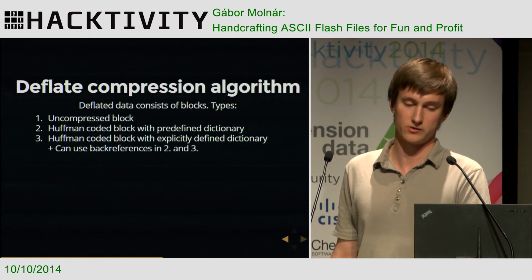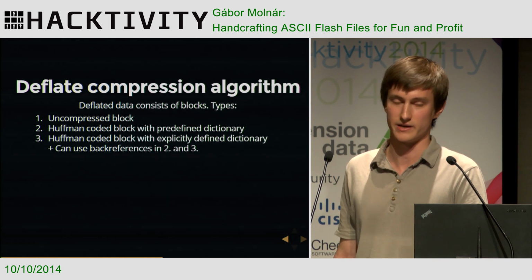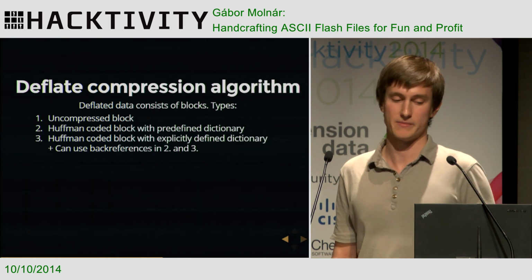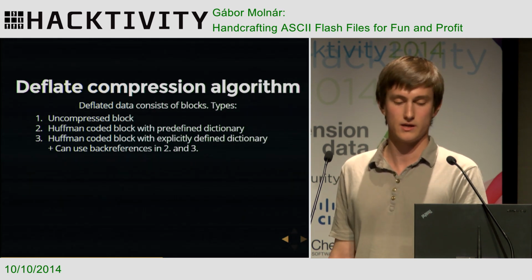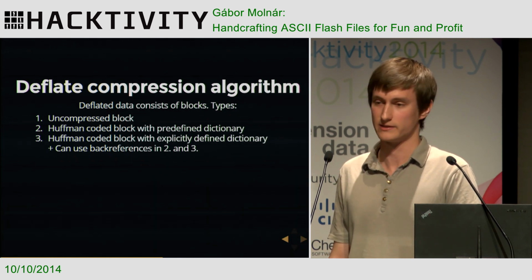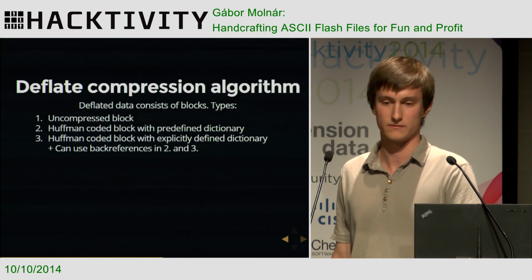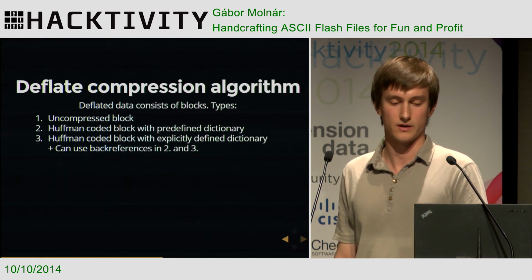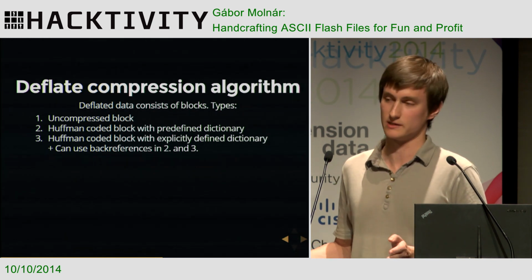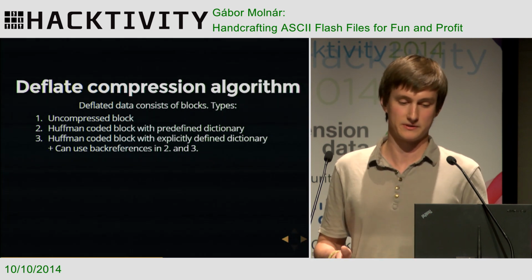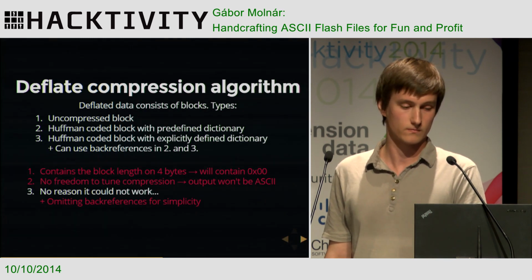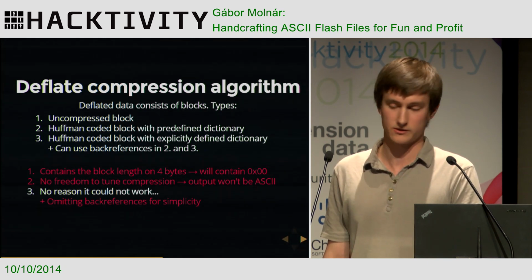The second possibility is a Huffman coded block with a predefined dictionary, and the third is a Huffman coded block with an explicitly defined dictionary. In versions 2 and 3, you can actually use back references. If you have a longer byte sequence, you can insert a back reference and say: repeat the byte series before me 15 times.